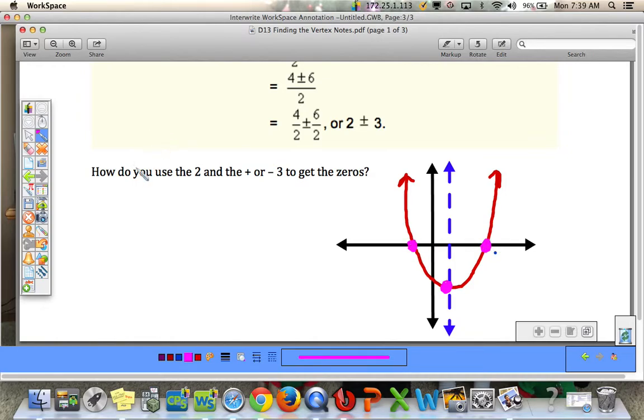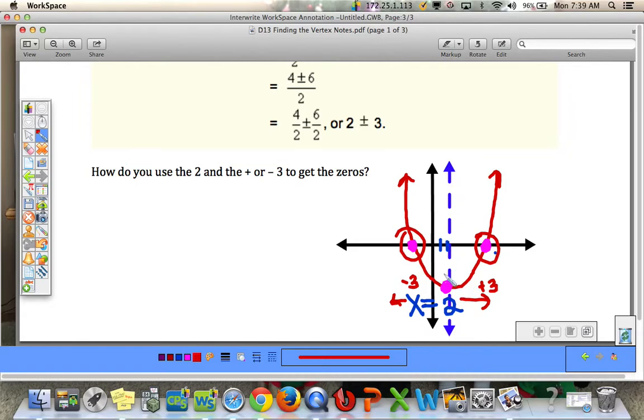The question is, how do you use the 2 and the plus or minus 3 to get the zeros? If we would have pulled this up on the graphing calculator, we would have noticed that this blue line right here is x equals 2. So this is 2 right here. And to get the zeros, we would either add 3 to get this point, or subtract 3 to get this point.